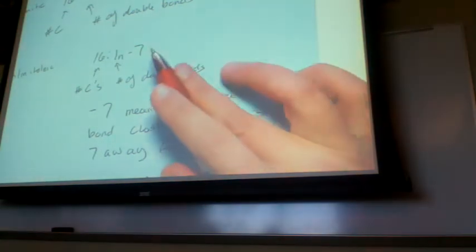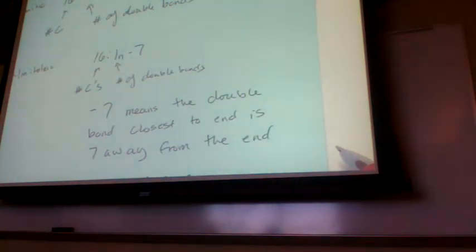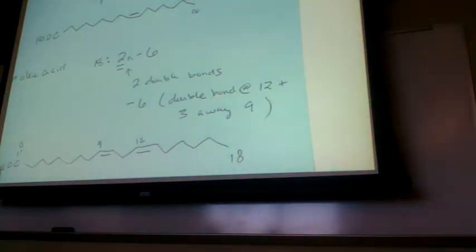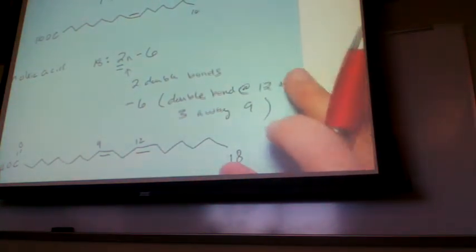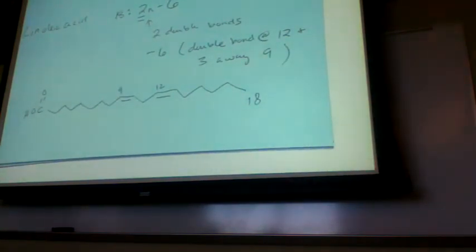Because that one's only 7 from the end, which also puts it at position 9. Yeah, so we were 9 to 10. Whereas this one, the one closest to the end is 6 from the end, which puts it at position number 12, and then the next one is 3 back from that. I'm sorry, that's wacky. It just is.